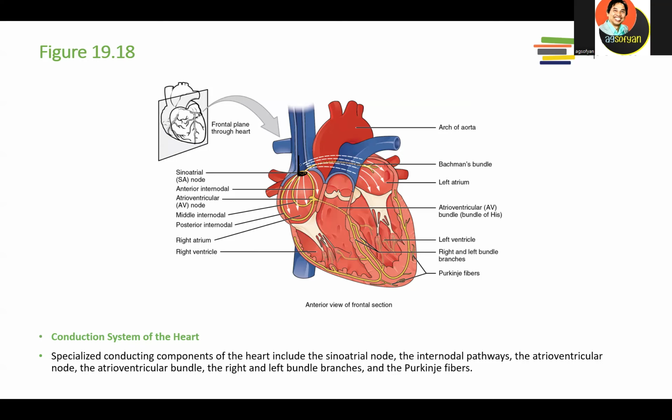The start is from this area called the sinoatrial node or SA node. And this is also known as a pacemaker. Someone that has a problem with this sinoatrial node usually uses an artificial pacemaker, using a battery to start the contractions of the heart.